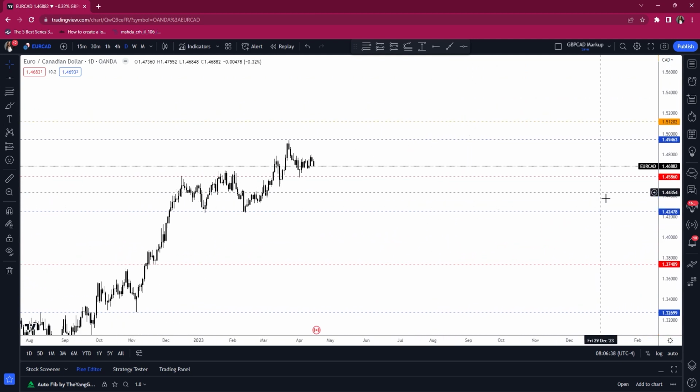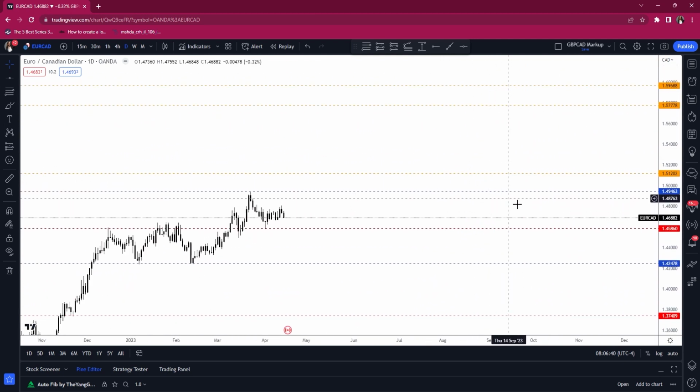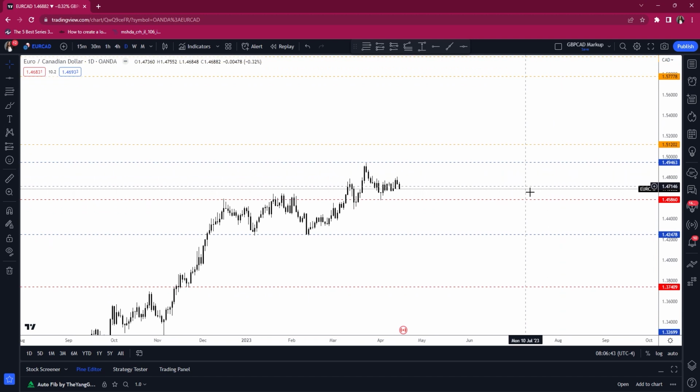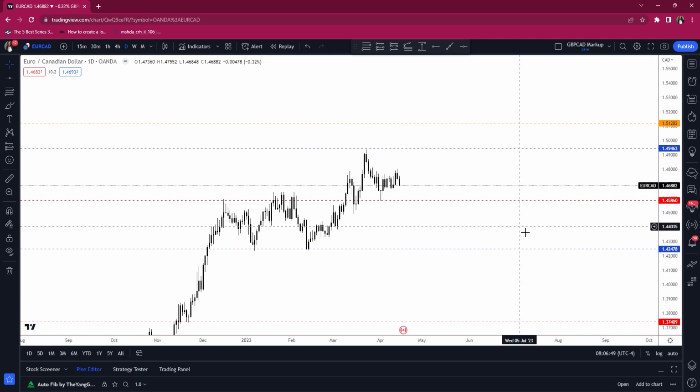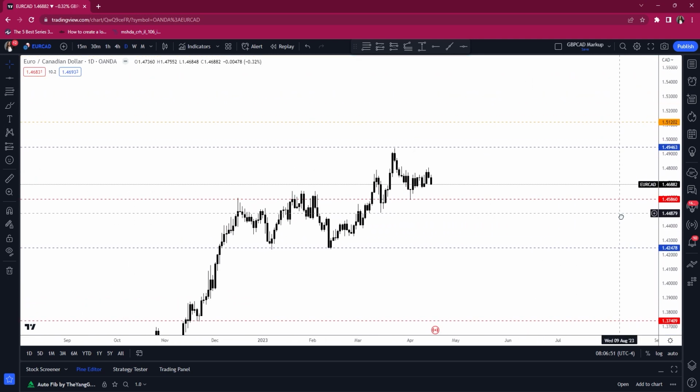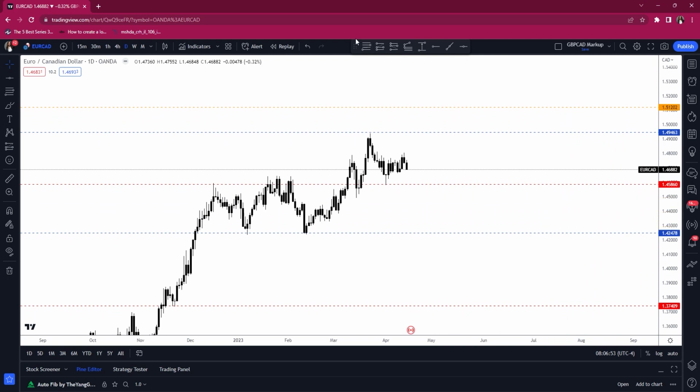Okay, mad. All right. So this is a daily. What I'm looking for now are my levels of support, because I don't have a level of resistance that I can identify just yet.